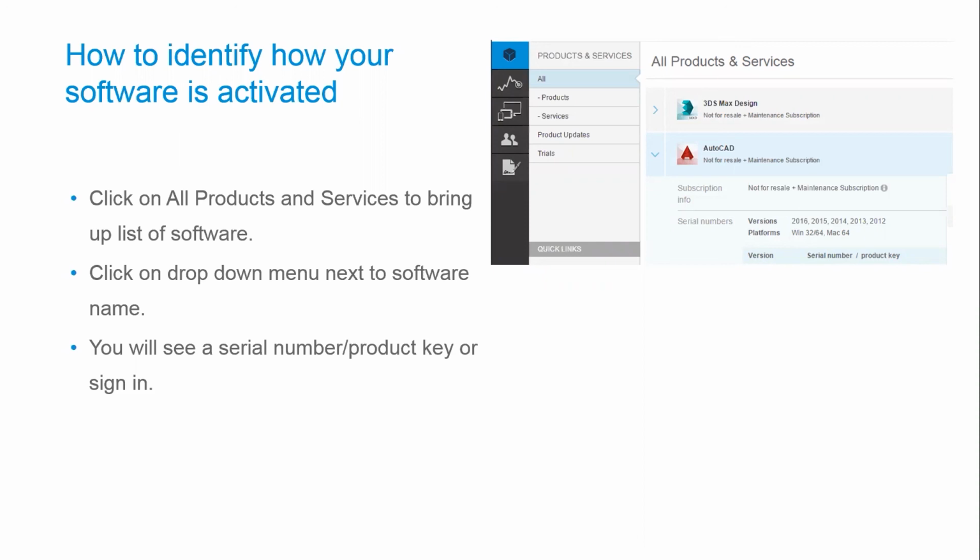So I've seen a lot of people that have a mix of both, so they are going to need to use both views. But as long as you just go to products and services, it's very easy to identify what the activation method is, and then that tells you which view you'll need to be in to assign your seats out to those users who need those seats.